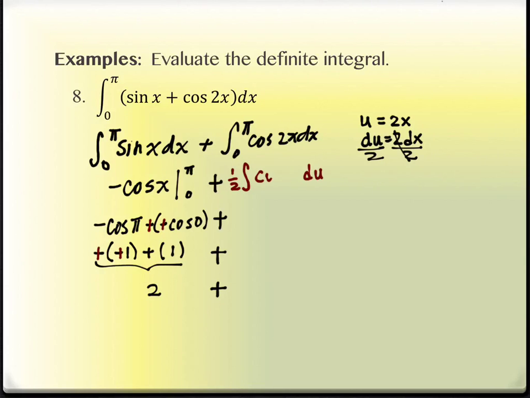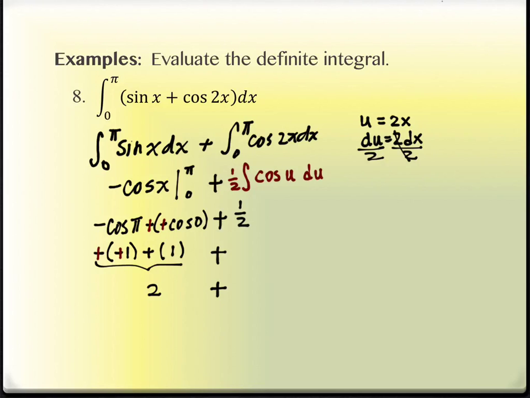My cosine is still cosine, but my angle inside is u, because 2x is equal to u. What am I going to do with my 0 and my pi? Not put them in there. I need to leave them off because the values 0 and pi apply to x and not to u. So I wait. Okay, cool.